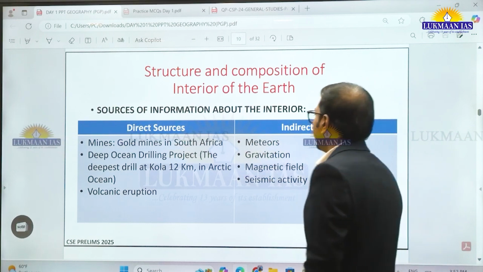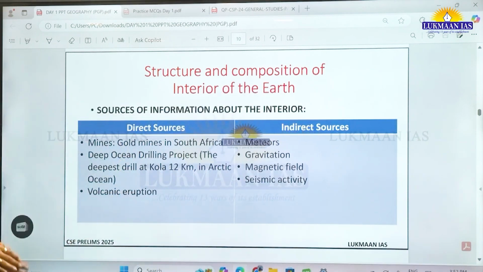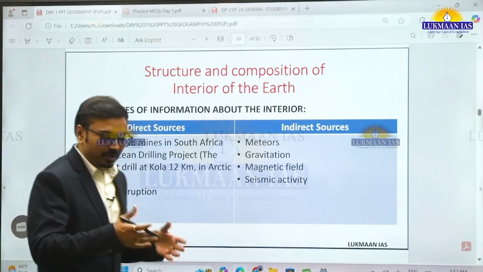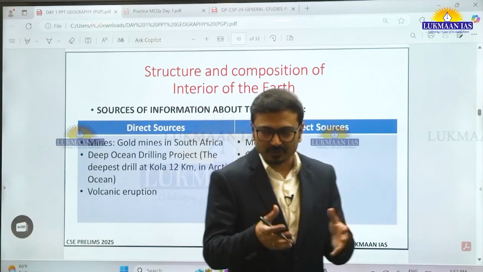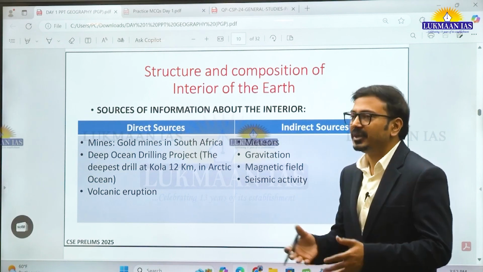We read that in the 11th standard NCERT, direct sources: study of surface rocks, rocks in mines, or study of volcanic eruptions and the lava coming on the surface and the rocks formed from that lava. That is basically direct observation, right?